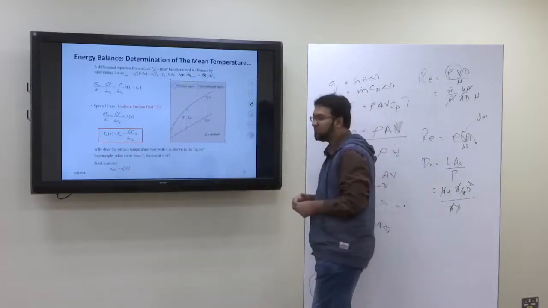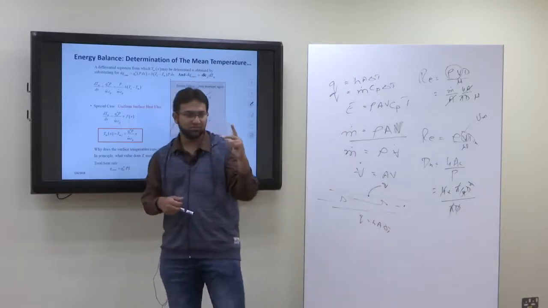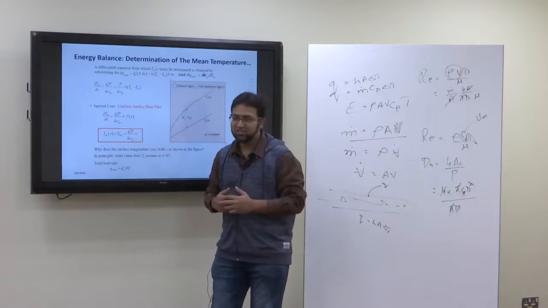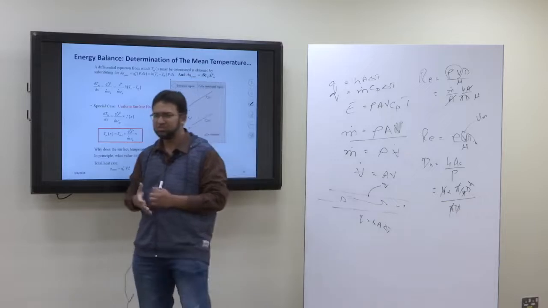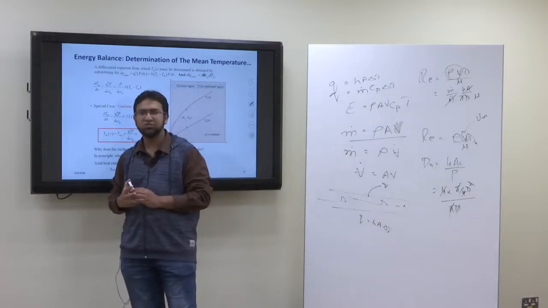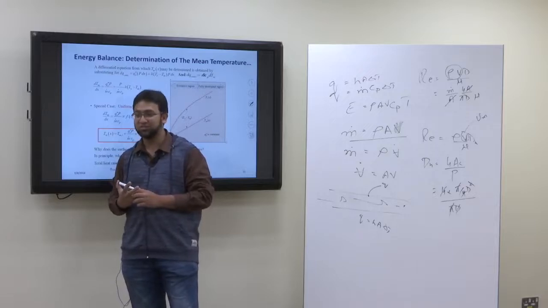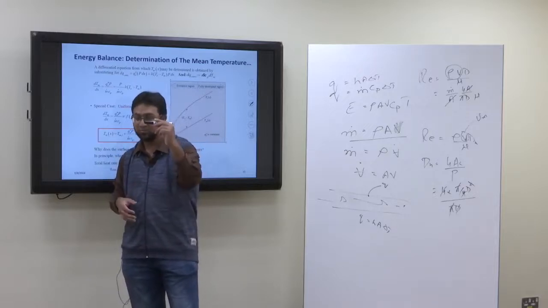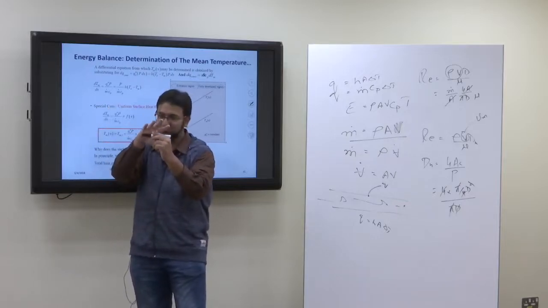Now using this concept, we can find out, now we have two cases. One case is if you have a pipe. Previously we discussed those cases as well, the constant surface temperature case and the constant heat flux case. Suppose you have a pipe and the condition is that the heat flux is constant.